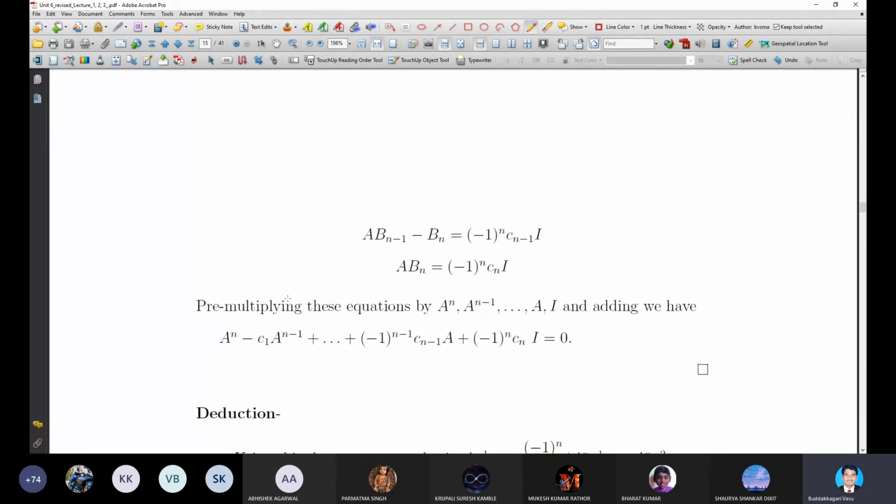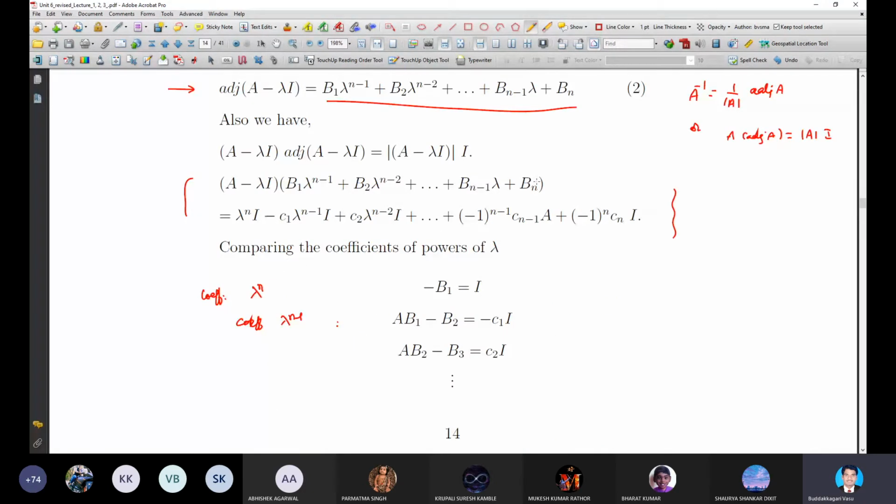Here you see this is the lambda power 0 coefficient finally. That means the constant coefficient. You see what the constants are on the left hand side and right hand side. You compare that: A multiplied with Bn, then only it will give you the constant on the left hand side, and on the right hand side the constant is only the last term, minus 1 whole power n into Cn.